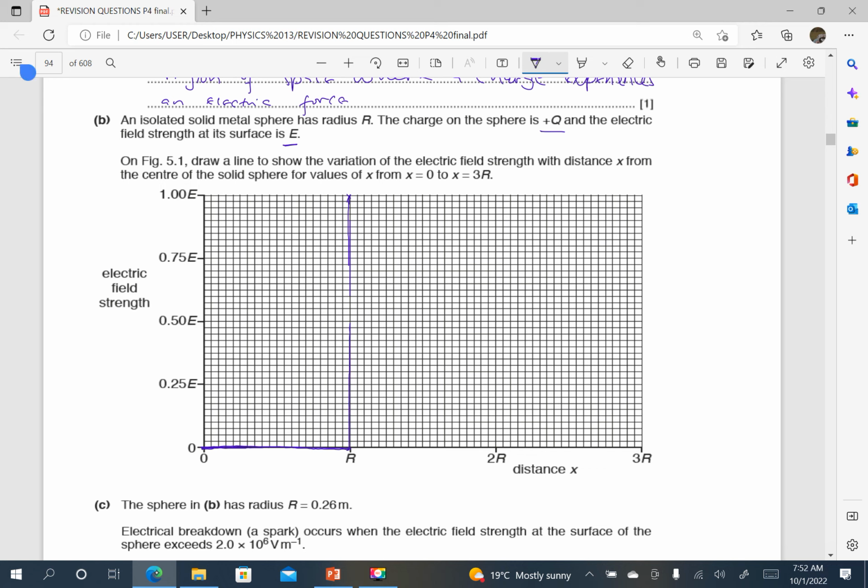So I've drawn a vertical line along the surface. You can put a ruler and draw a very neat line along the surface.